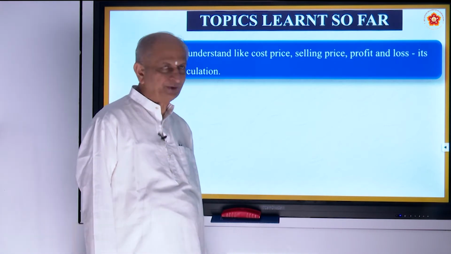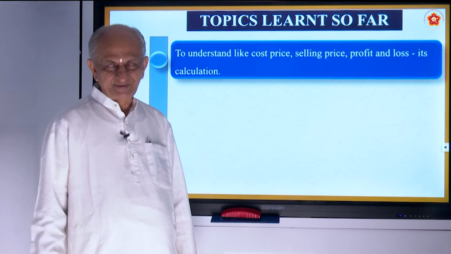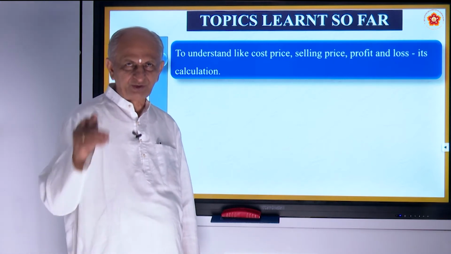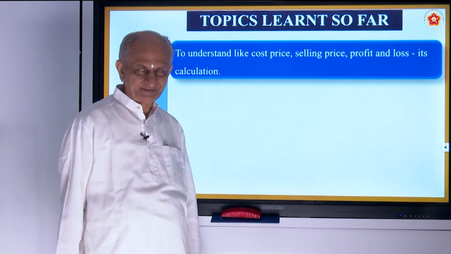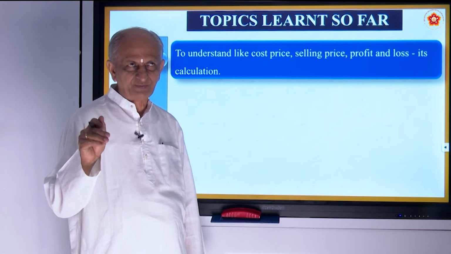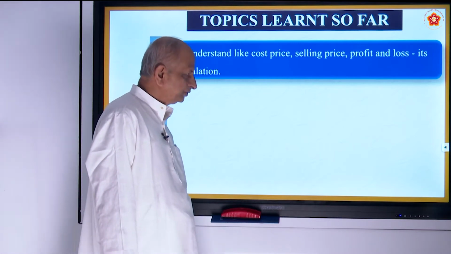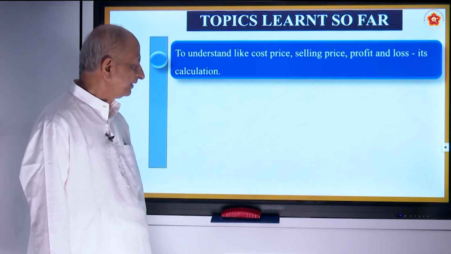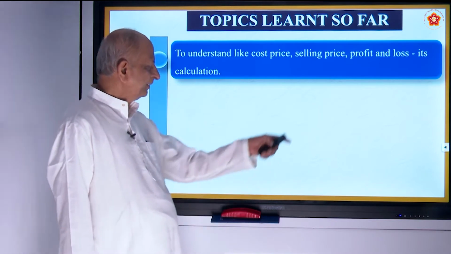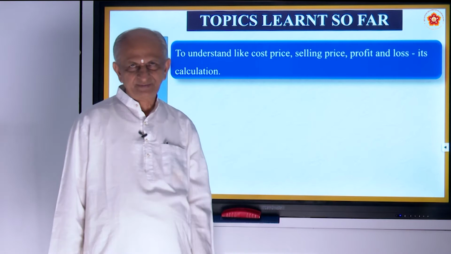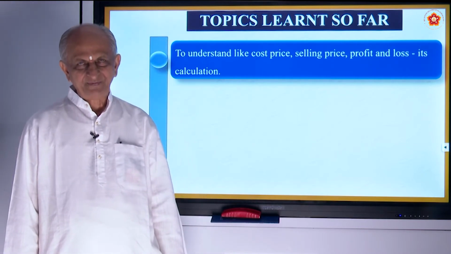Then we have studied about selling price. If a 10 rupees pen is sold for 12 rupees, then 12 is called the selling price. If a TV of 30,000 is sold for 32,000, then 32,000 is called the selling price, and hence you get profit. It may be 10% profit or 15% profit.